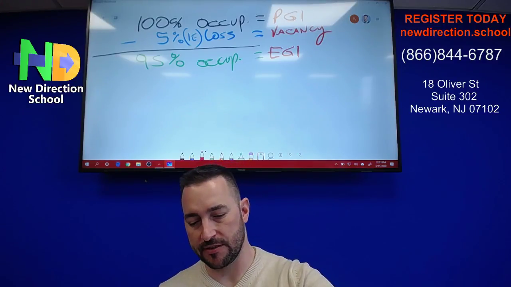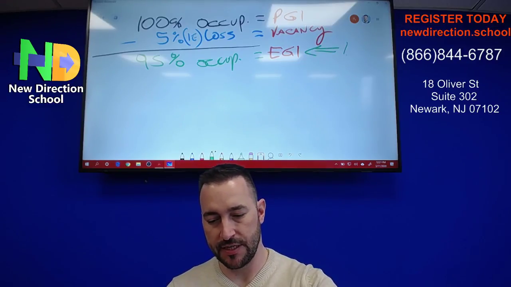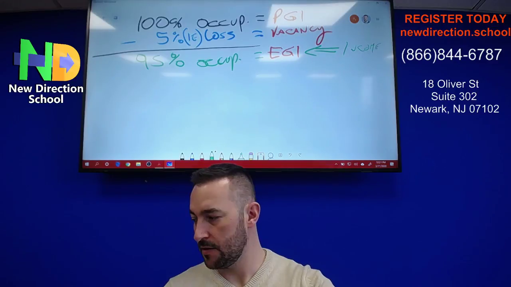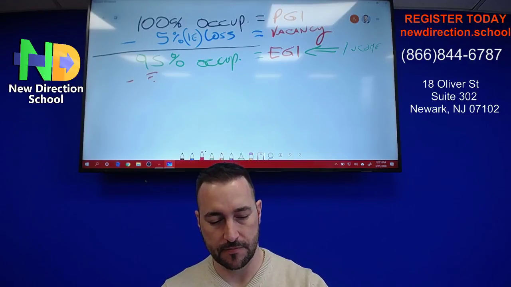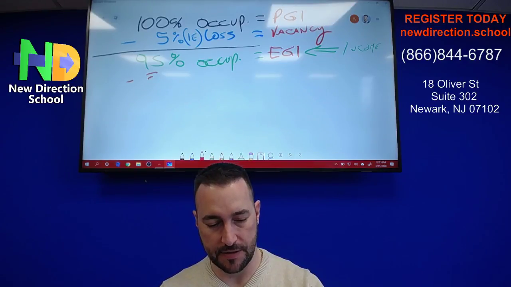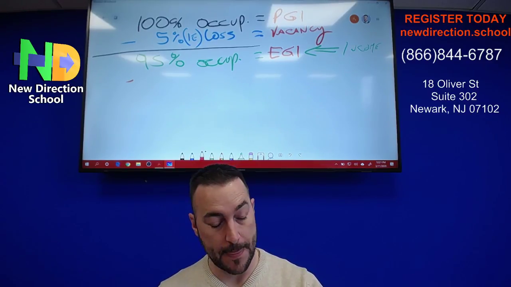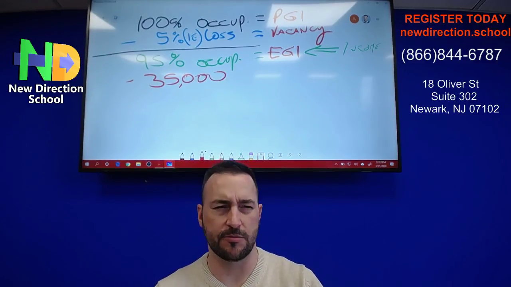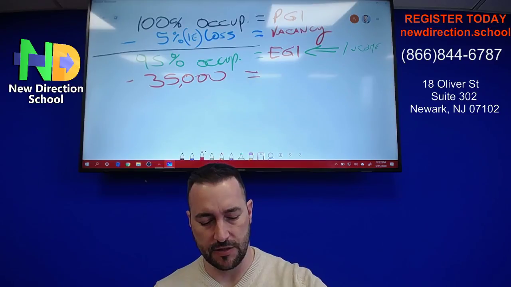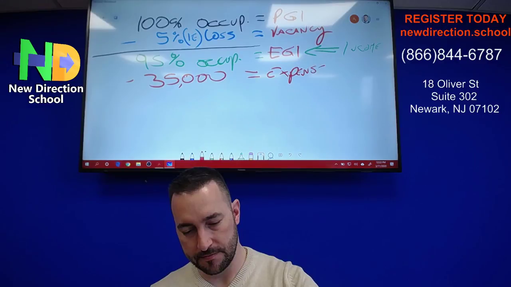Once you reach effective gross income, which again is the number you need as far as income, now we're going to deduct what's called expenses. So minus, let's say in an example, $35,000, because it has to be an actual number, not a percentage, right? So this equals expenses.